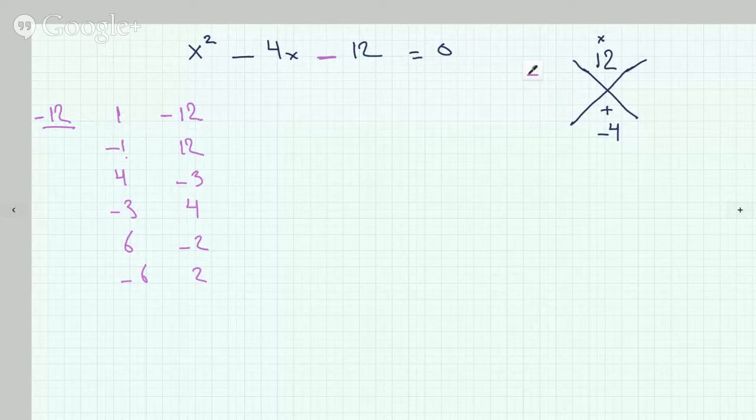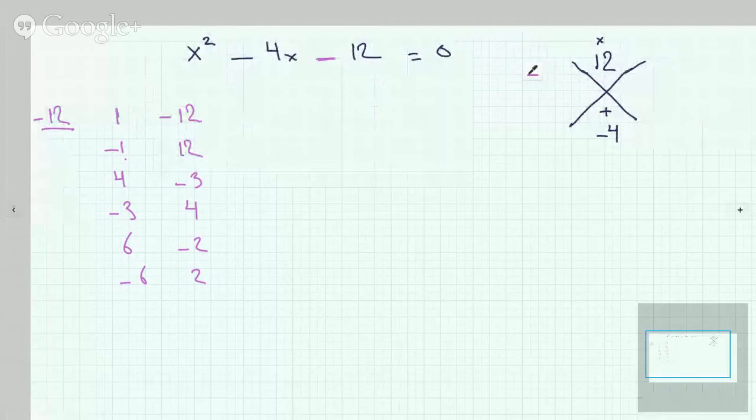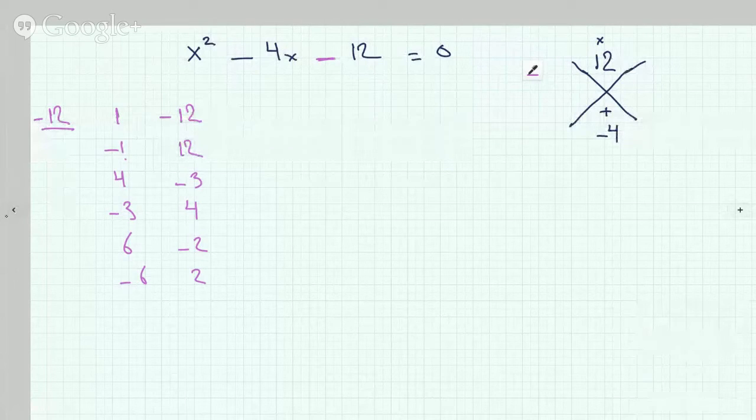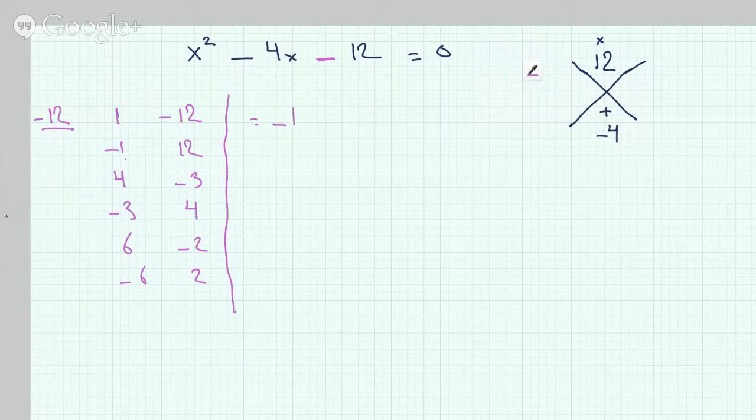And that's it. So let's see again which pair. All these multiply to 12. Now we will see which pair adds up to minus 4. The first one adds up to minus 11. No good. 11, no good. Plus 1, no good.